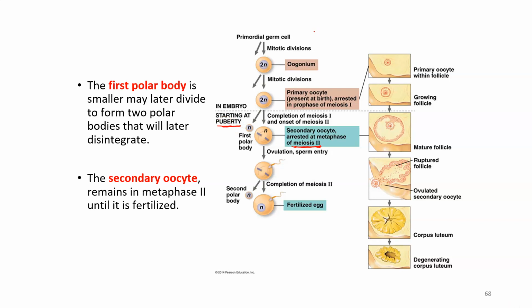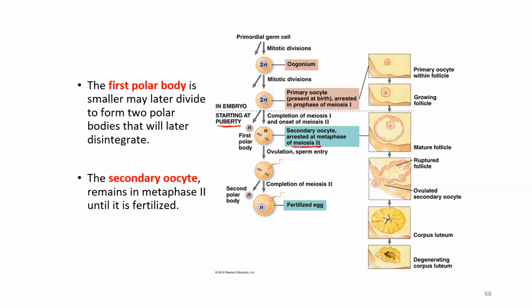Bila bayi perempuan ada dikandungkan dalam rahim mak dia, the development of the follicle starts in the embryo of the baby.